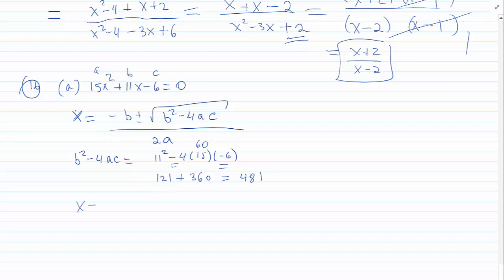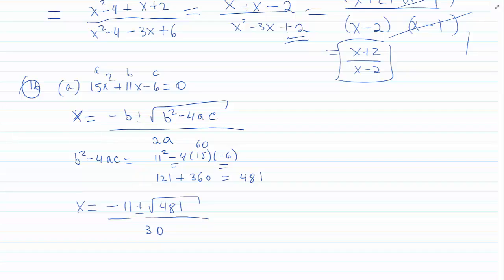So minus b is negative 11 plus or minus square root of, divided by, and 481 cannot be reduced further. Okay, if you add the digits, 4 plus 8 plus 1 is 13.